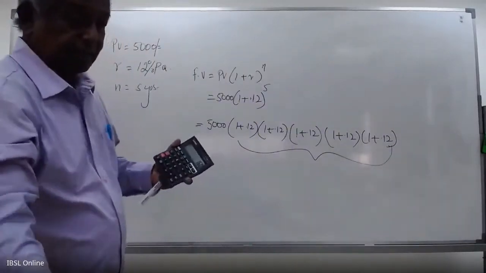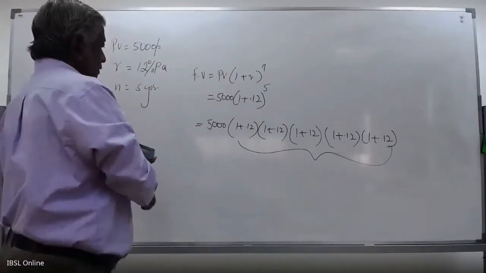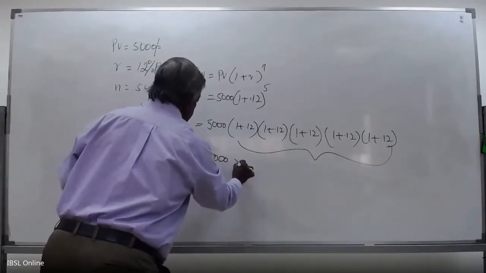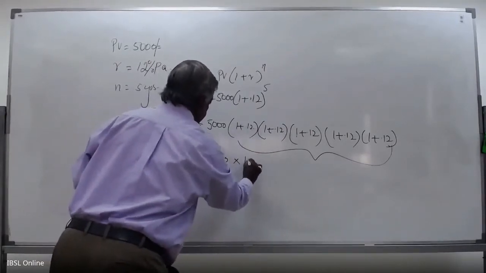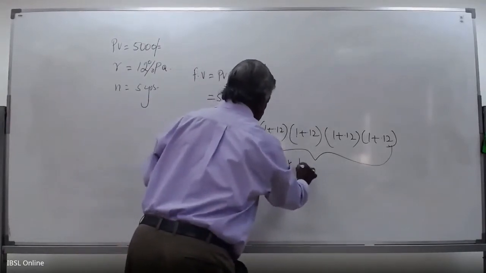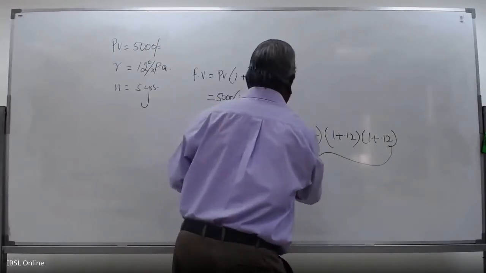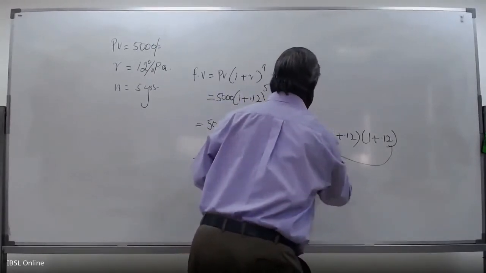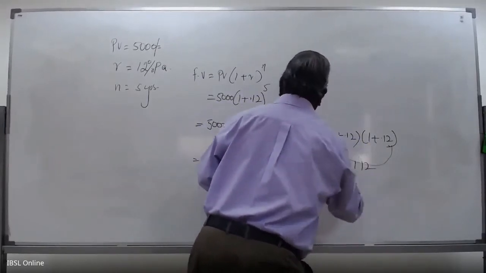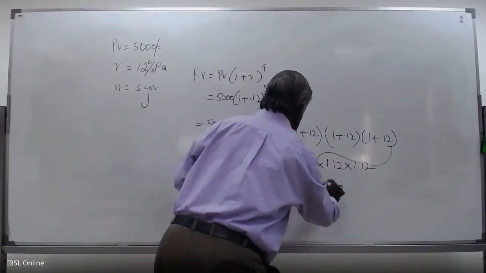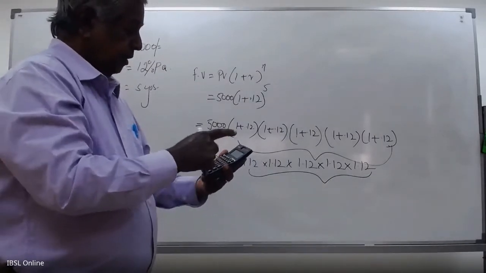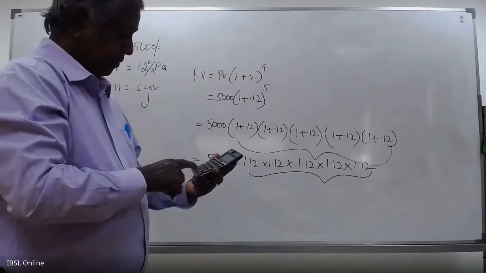So this is equal to 5,000 into 1 plus 0.12, that is 1.12 into 1.12 into 1.12 into 1.12 into 1.12, 5 times. So I clear it, and clear the memory also.